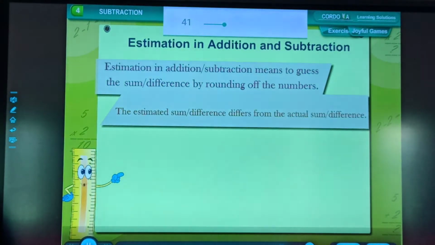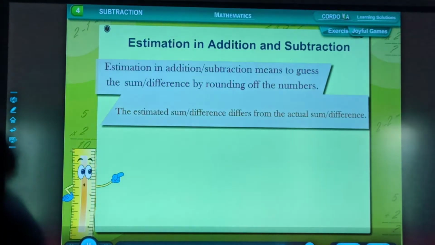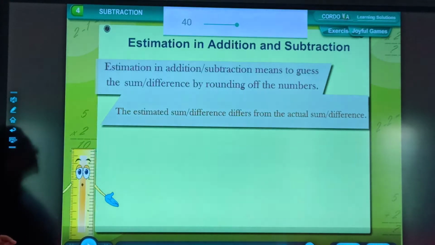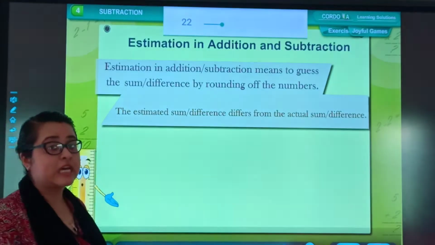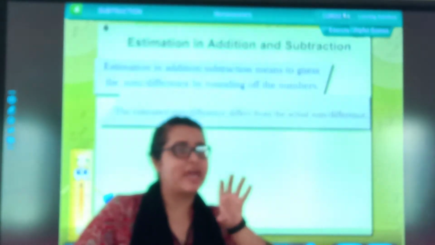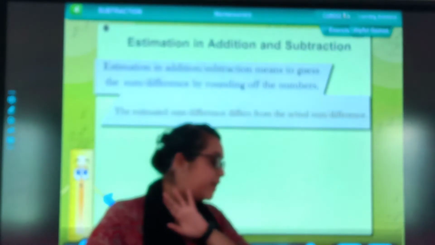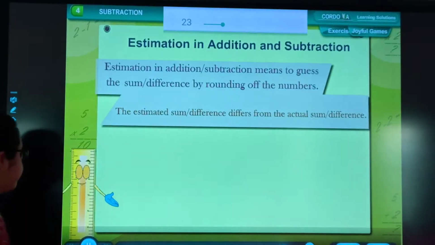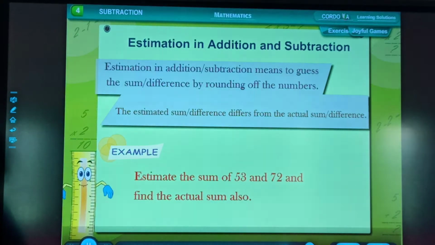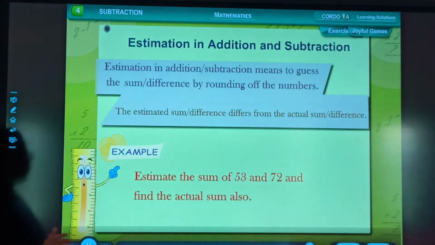The estimated sum or difference differs from the actual sum or difference. Students, हम किस में से estimate करेंगे difference? From the actual sum and difference. जो actual answer आएगा, that we will be rounding off, students. Example: estimate the sum of 53 and 72 and find the actual sum.